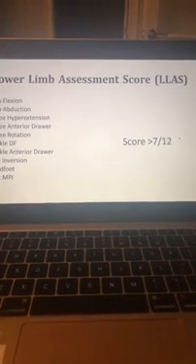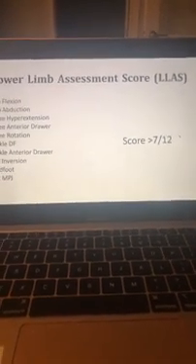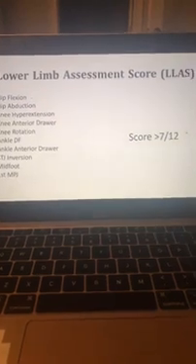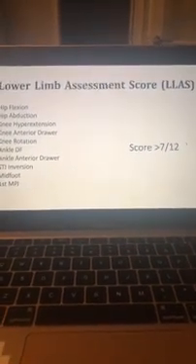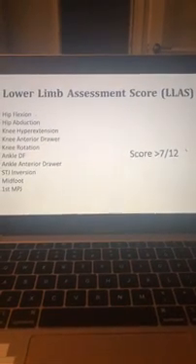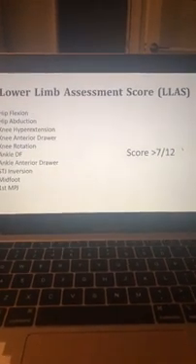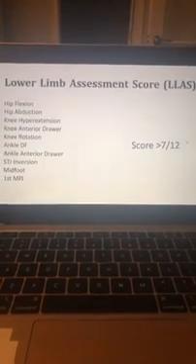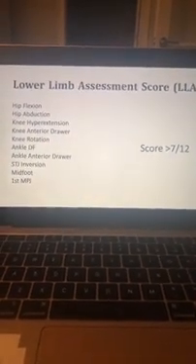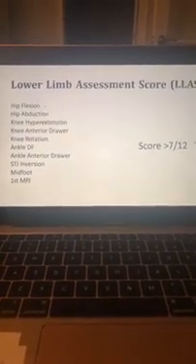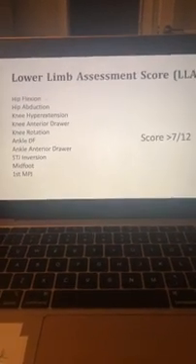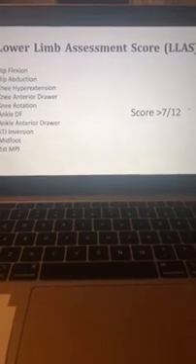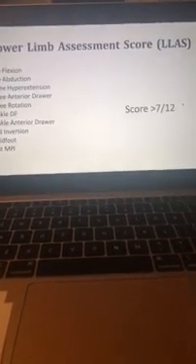Now, the second one that's actually a little bit more prevalent when you're trying to rule out lower extremity hypermobility is what's called the lower limb assessment score or scale. This is something that for those that have signed up for the course, you will get the full printed PDF, so you can check off what you see with this to find the score of your client or your patient. That document is uploaded on the Teachable platform.